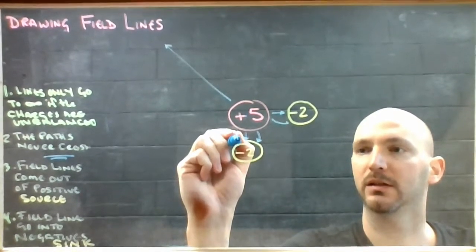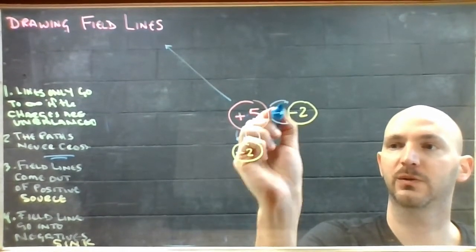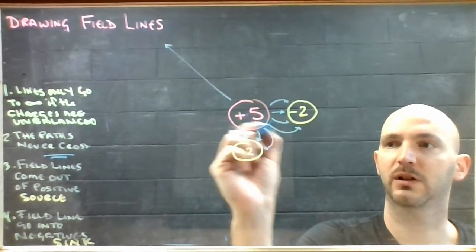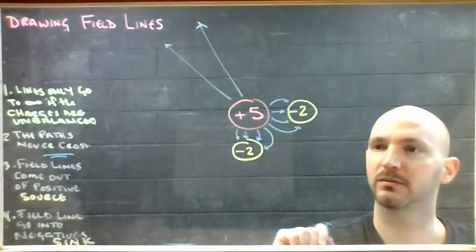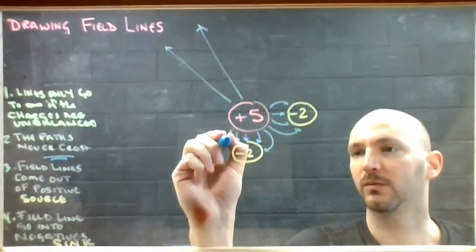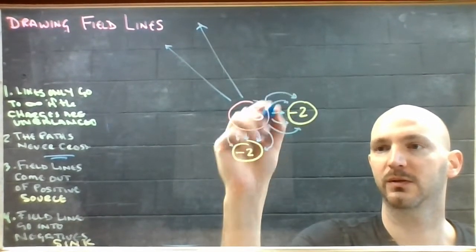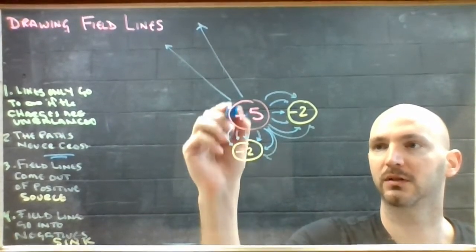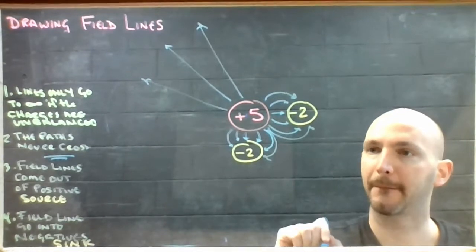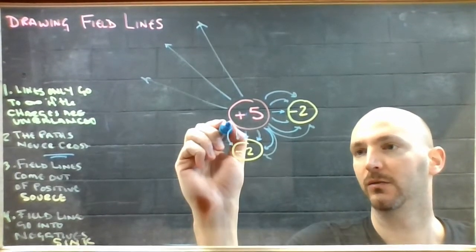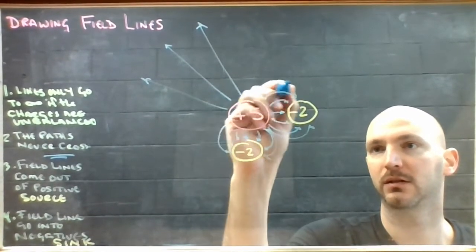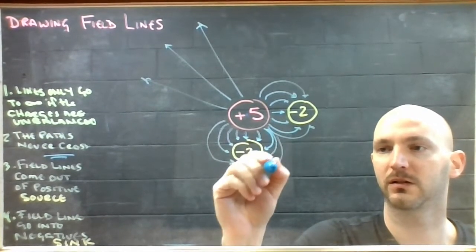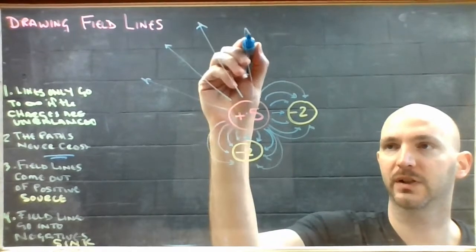All right, 1, 2, 3, 4, and 1 to infinity. 1, 2, 3, 4, and 1 to infinity. 1, 2, 3, 4, and 1 to infinity.